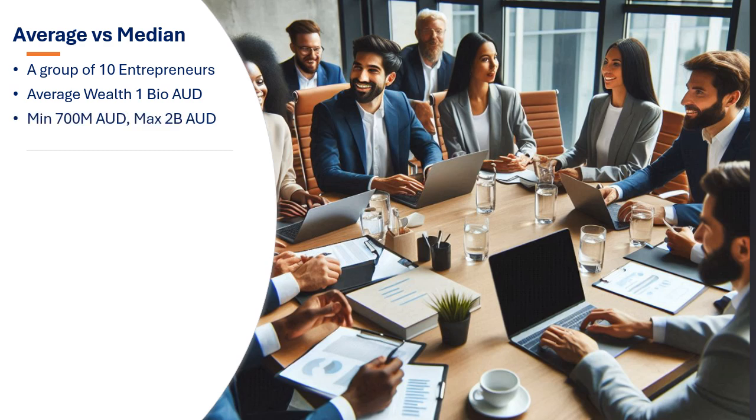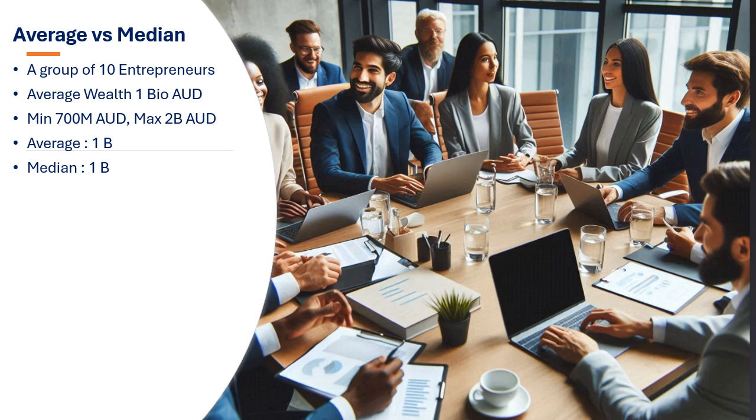So the minimum is 700 million, and the maximum, the richest one, is 2 billion. Their average is 1 billion, let's say, and their median is also 1 billion as well.